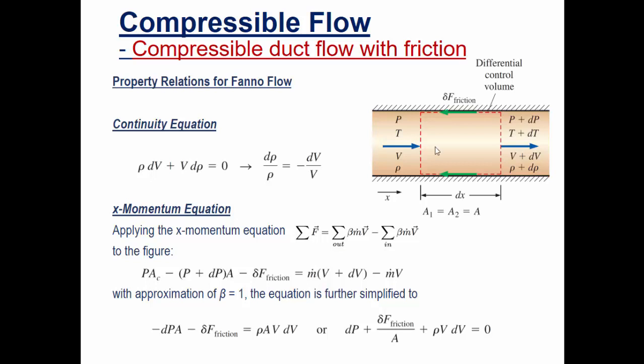Or we can also represent the differential form of other properties to be a small change in the properties itself. So after the continuity equation, we can look into the x direction momentum equation, which starts from the sum of force equal to the difference of momentum. Look at the cursor.